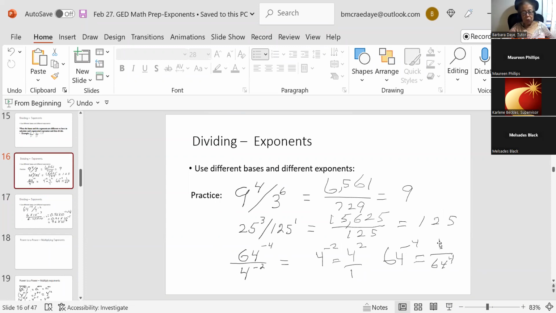So if you can recognize this, 64 to the minus 4 is 1 over 64 to the positive 4. And 4 to the minus 2 is 4 to the plus 2 over 1.